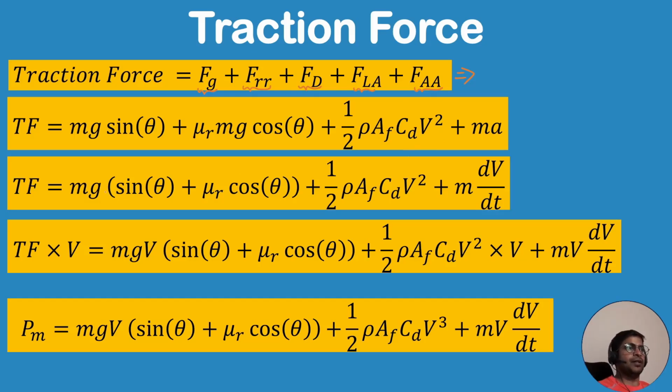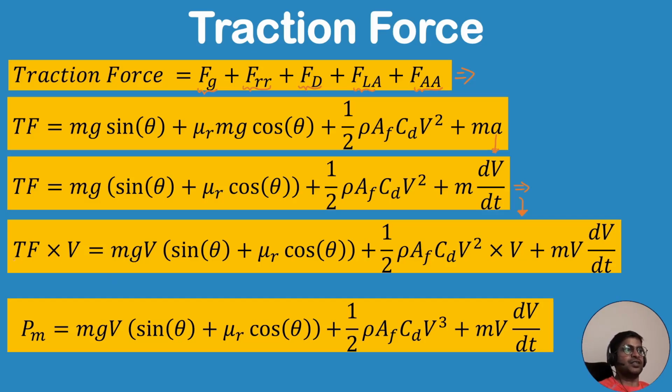So in this step we defined a as dv upon dt, which you can see I have written here. Now this is a very interesting step. Why? Because here I have multiplied both sides with the velocity or the speed of the vehicle.